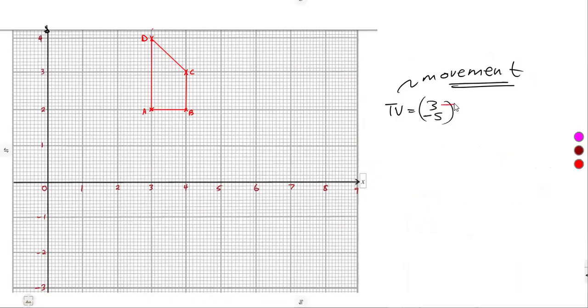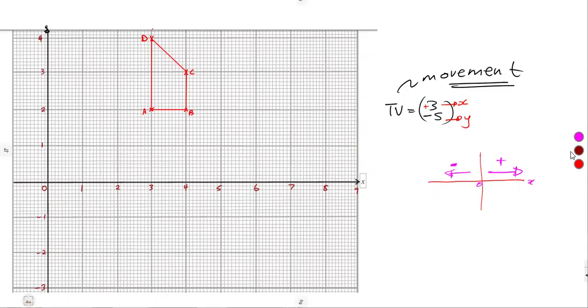So we are going to move in the x-axis, in the y-axis. So in the x, it's 3, which is a positive. So when you are in the positive for x, it means we are going to the right side. Remember, from the origin, positive values, we are going to the right side for positive values in x. For the negative values, you'll be going to the left.